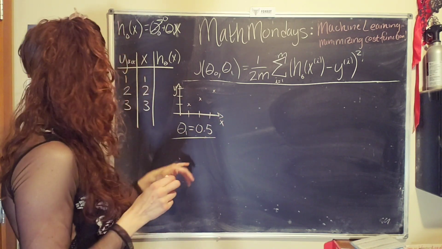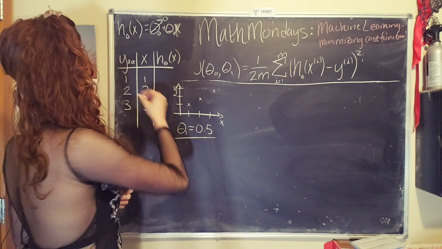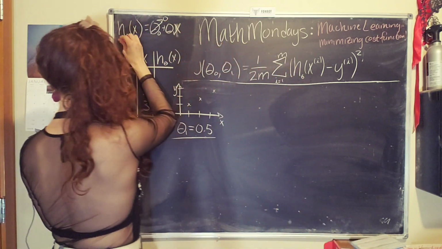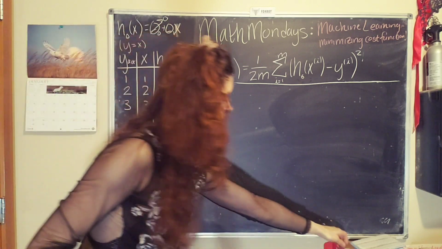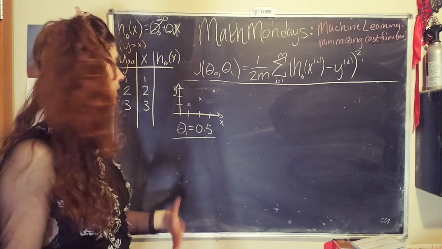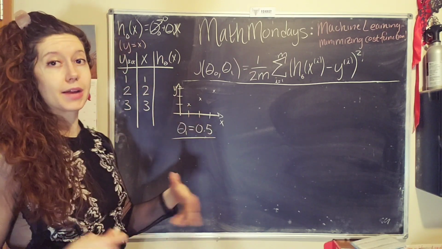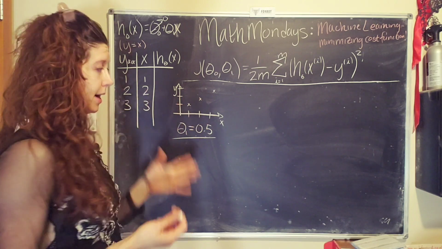Okay, so we plug in theta 1 for our hypothesis function. I'm going to make a quick note here to say that we know that y equals x, but we need to write an algorithm to figure out how to get to this, given that our machine learning program only sees the data, it doesn't see the pattern.